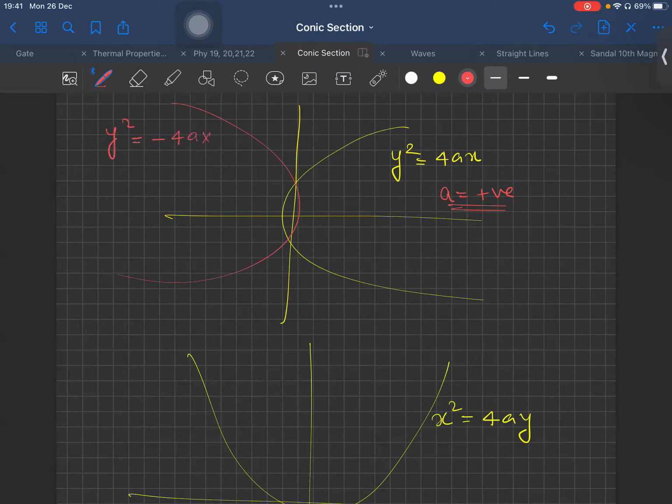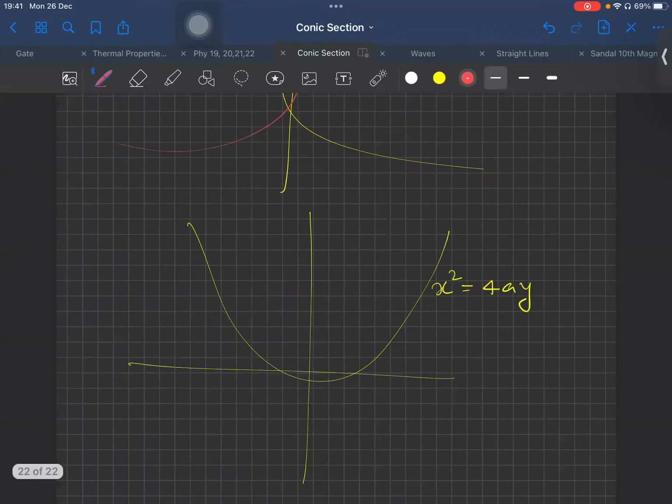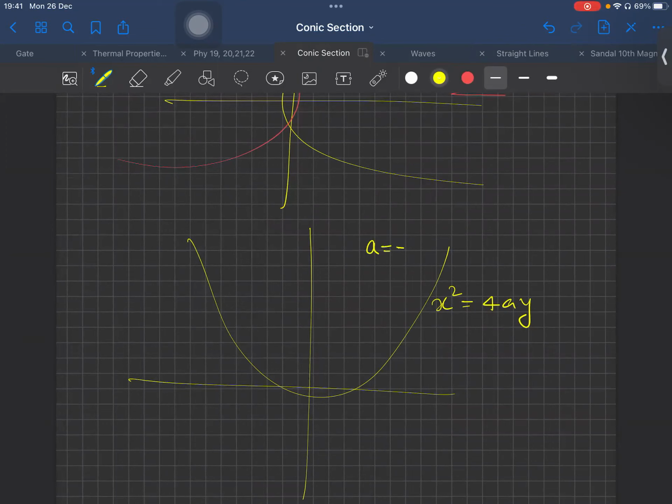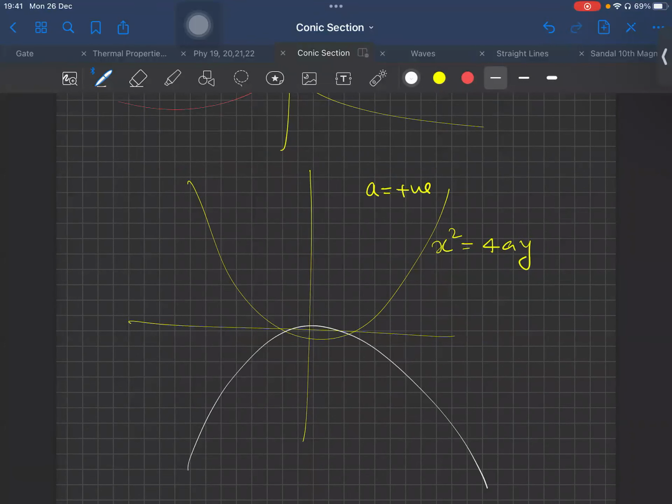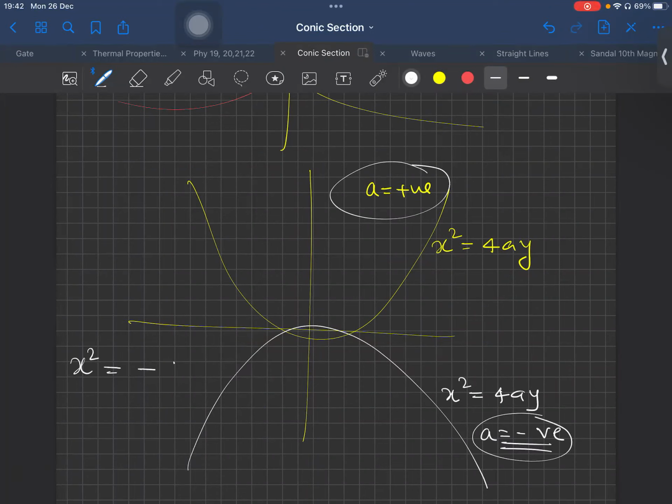In some books it is written like that, but you can write y square is equal to 4ax where A is negative. In this parabola, mouth opening upward, A is positive. If you are getting a parabola which is like this, x square is equal to 4ay, A is negative. Understood? A is positive here, A is negative here. In some books it is written x square is equal to minus 4ay, because they all want the value of A to be positive. Understood? Is it okay?